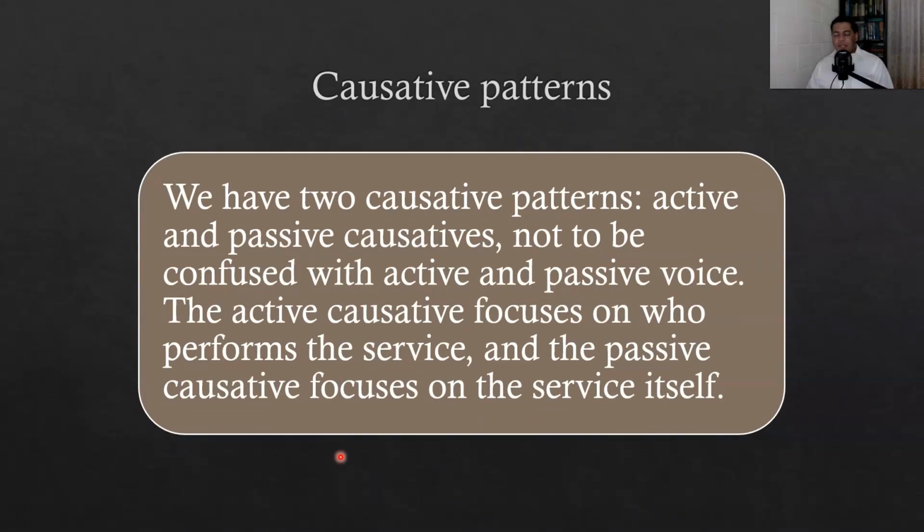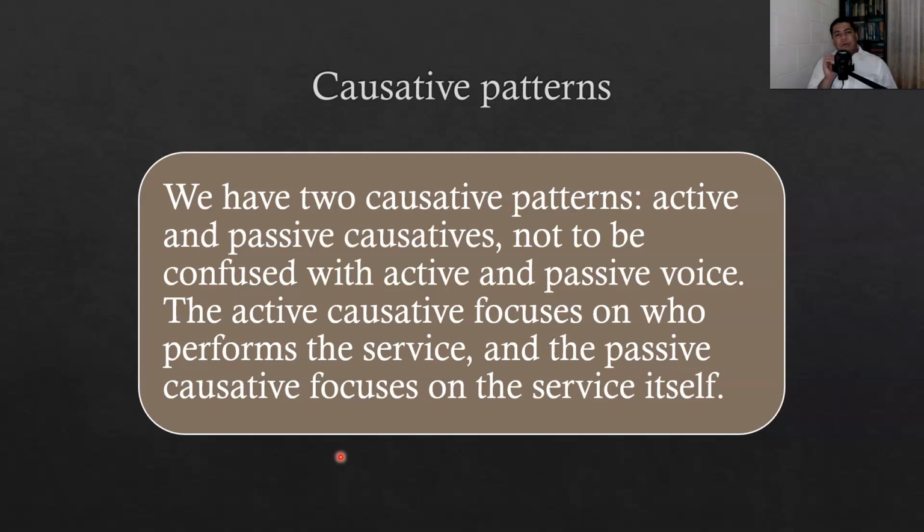Now, when we talk about causative verbs, we need to understand, guys, that we have 2 basic patterns, which are active causatives and passive causatives. And we have to be careful not to confuse active and passive causatives with active and passive voice. They are different things. We gotta be careful with this, okay?